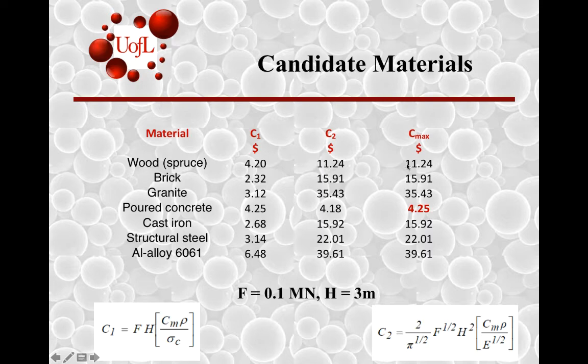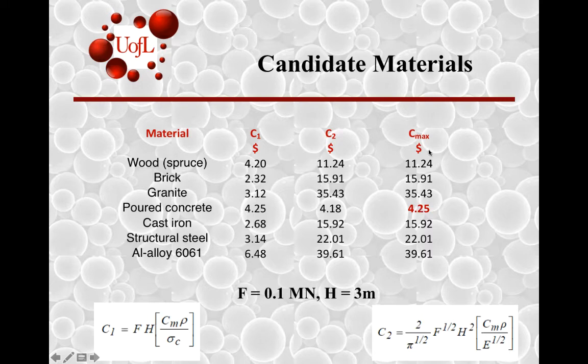So the controlling cost is a Cmax, which is $11.24. So in each case, you will see that the second column is the controlling constraint. And so the greater of these two will get used typically, except in the case of poured concrete.